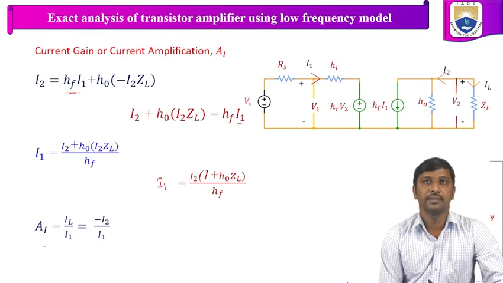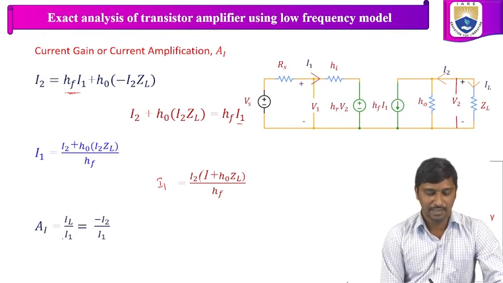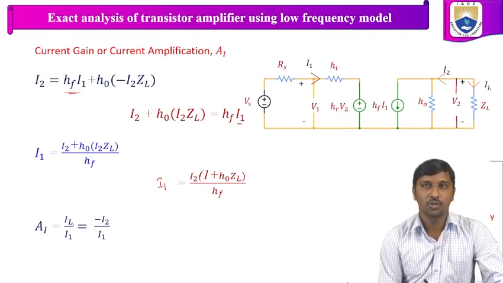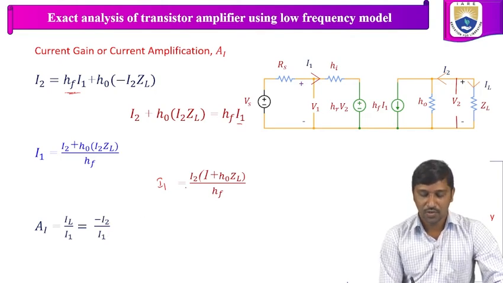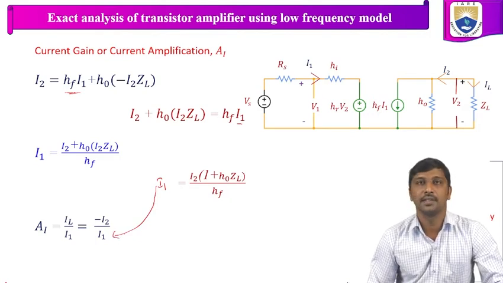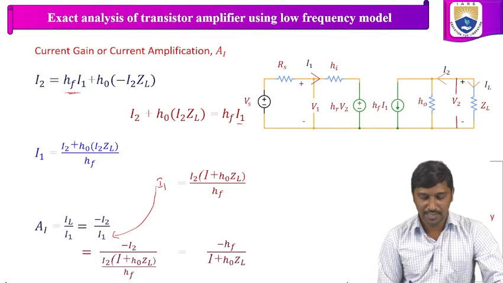And we know that the current gain is represented as a ratio of output current to the input current. So from this we derive that it is a ratio of minus I2 to I1. Now we can substitute this I1 value to observe how much current gain is generated. So this is minus I2 divided by, now we can substitute the I1 value.